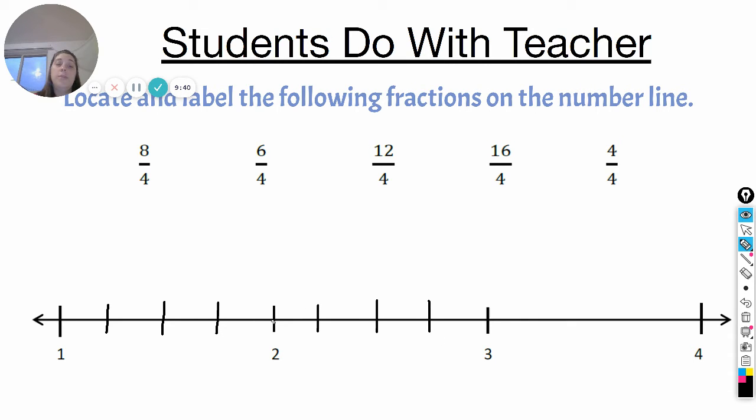And if you start at the 2 and get to the 3, there's 1, 2, 3, 4 spaces. Now we just have to do it again one more time between 3 and 4.